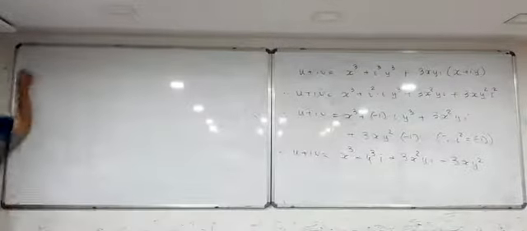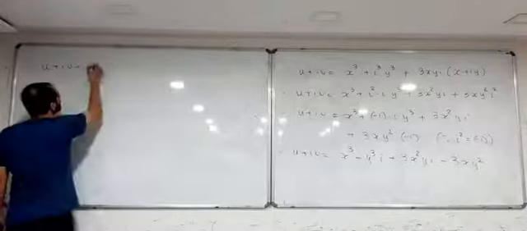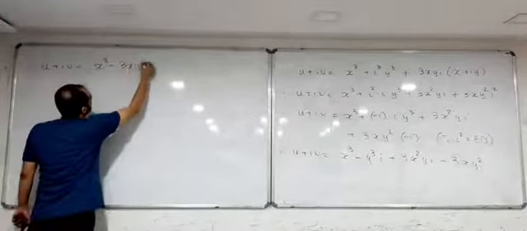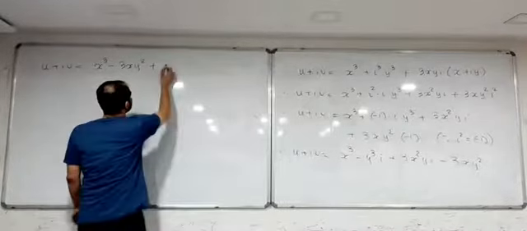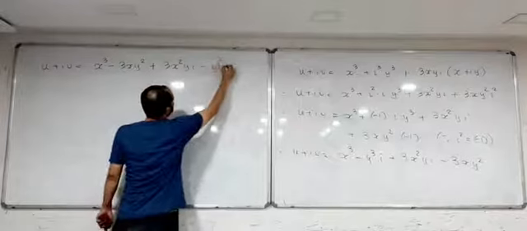So u plus ib I will write as x cube minus 3x y square plus 3x square y i minus y cube i.